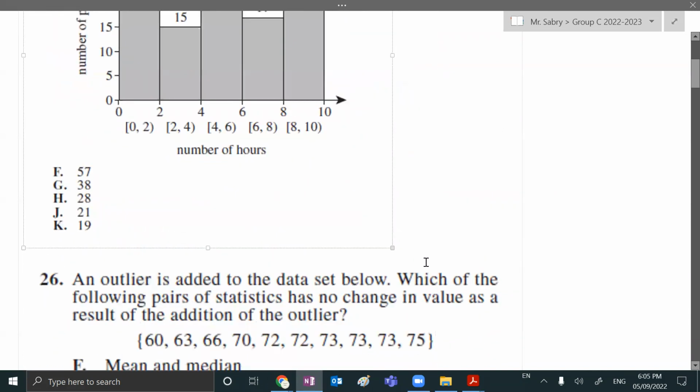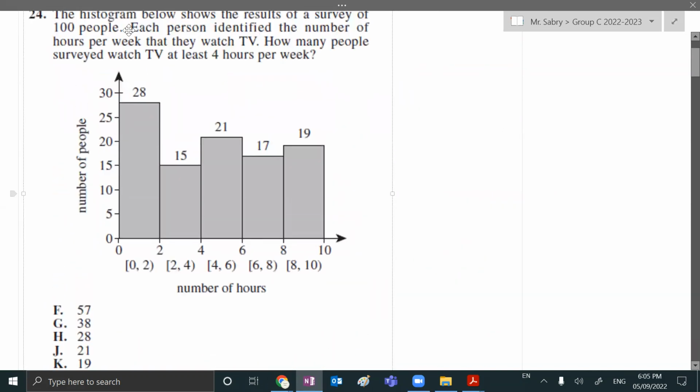So Mr. 57, which is just adding them? Yes. Okay.